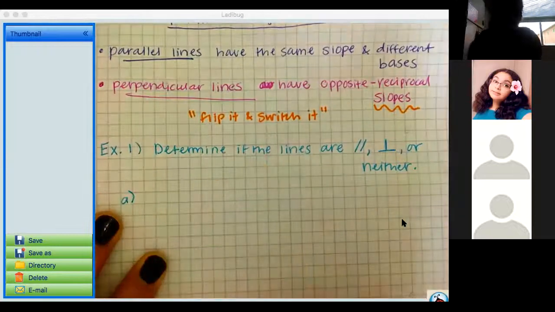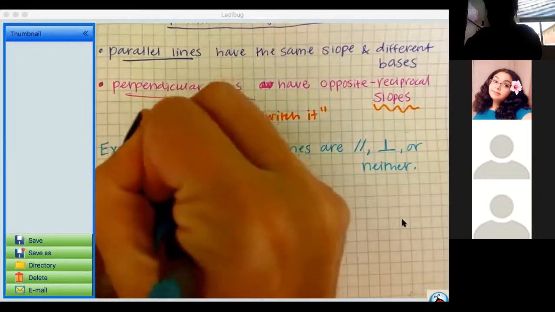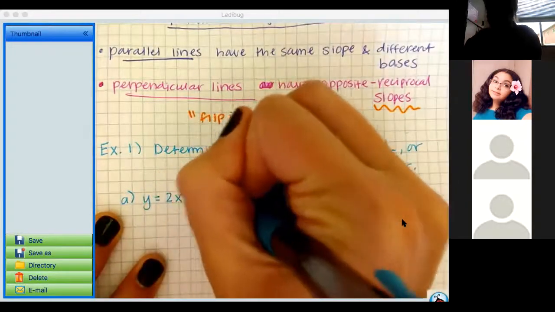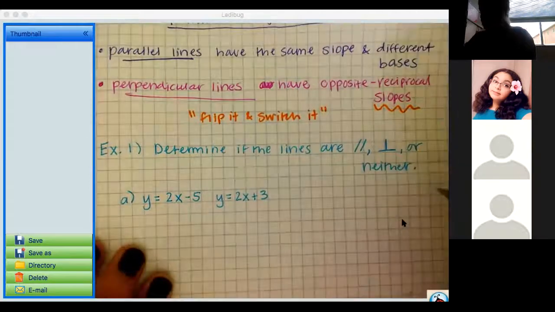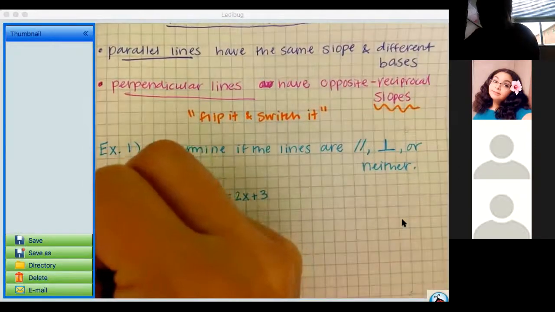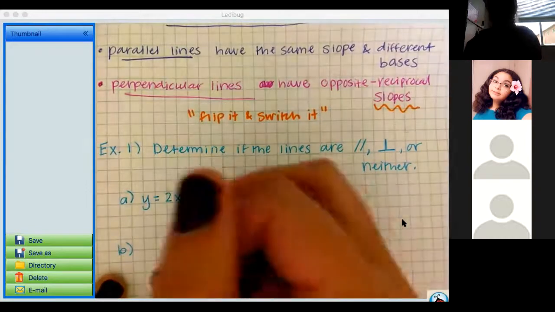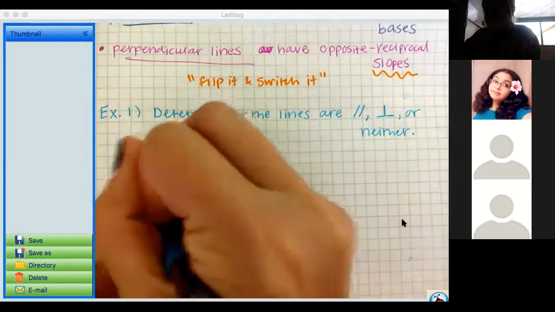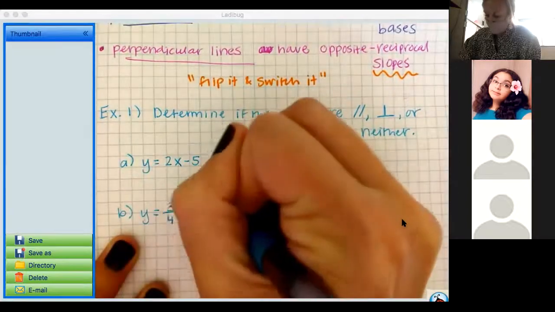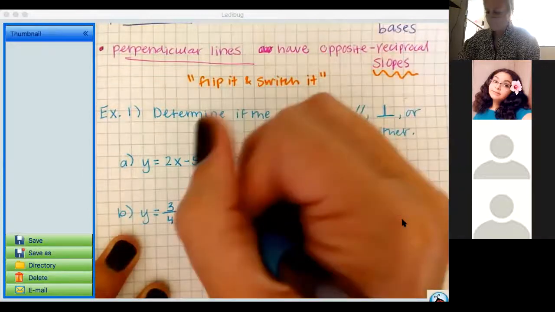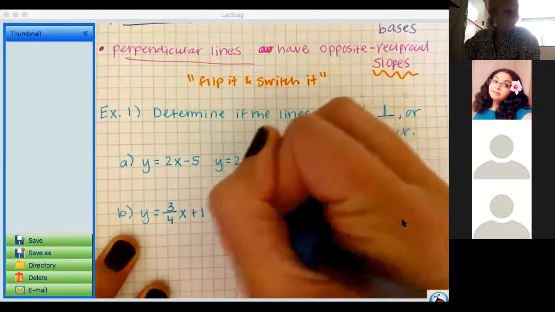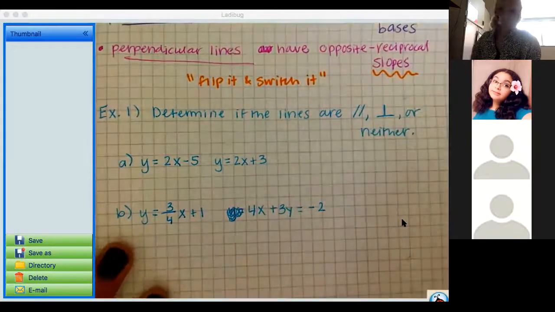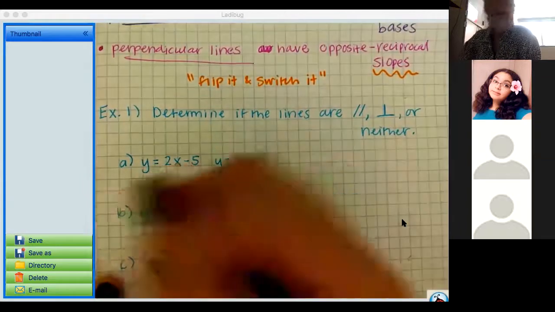So write all 3 of them down first, and then we'll do each one. Oh, that's not y equals. Hopefully you didn't write that. 4x plus 3y equals 2. And C.